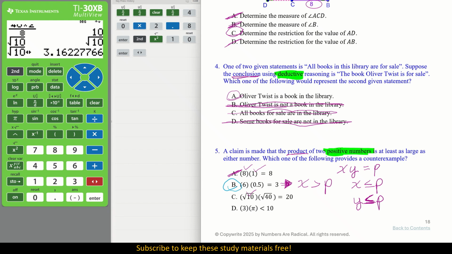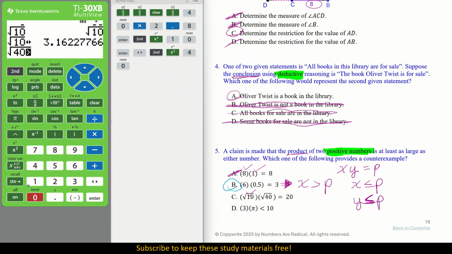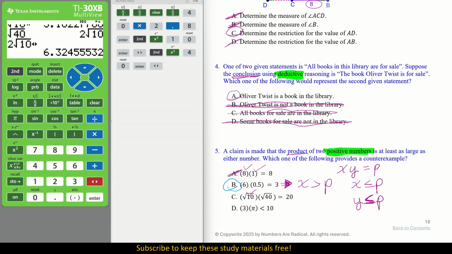Obviously, if that's going to be less than 20, let's see about the square root of 40. I probably should have done 40 to verify, because if 40 is less, then 10 has to be less. Well, it's still six-ish. So that checks out. So that verifies the given assumption, so C's out.